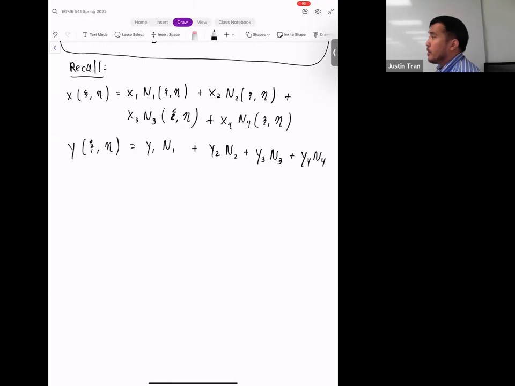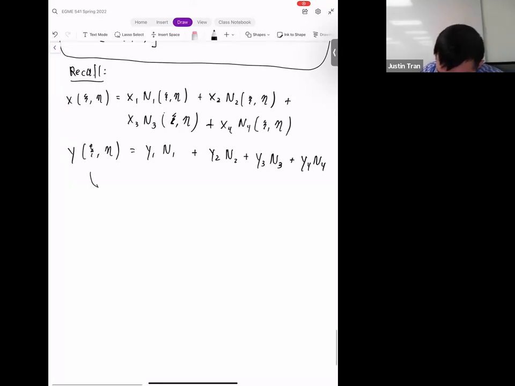Right, and so you actually get a fairly long function for this, especially in 2D, because our shape functions are fairly large and we have four terms here. But remember, we're not actually integrating over that entire function. We're only going to be evaluating these at the Gauss points. That's the point of Gauss quadrature.